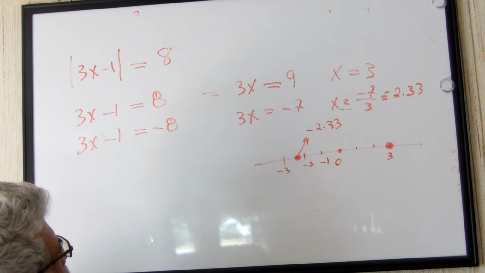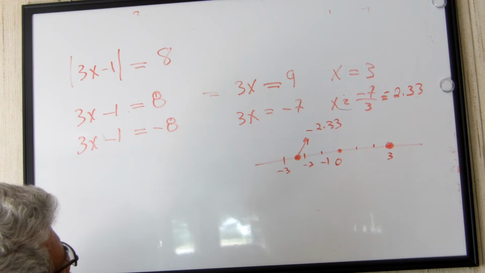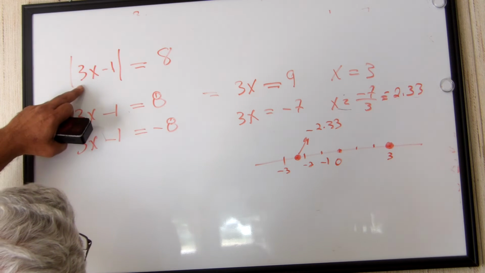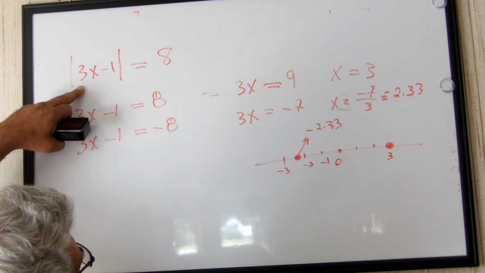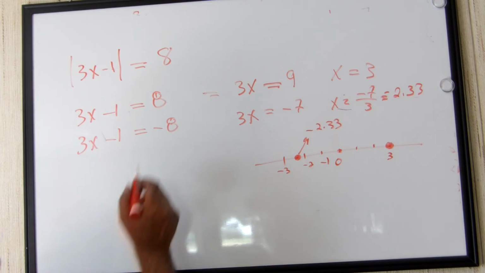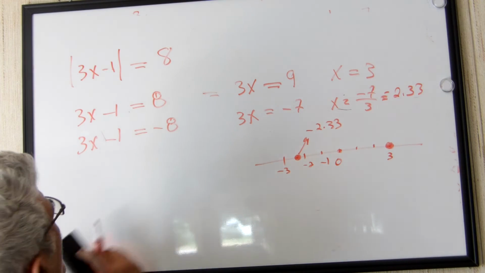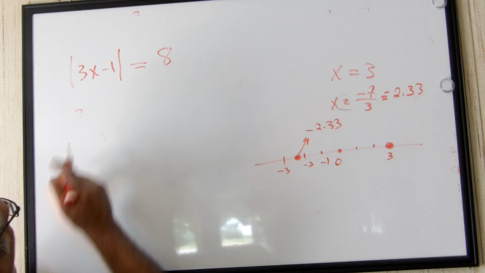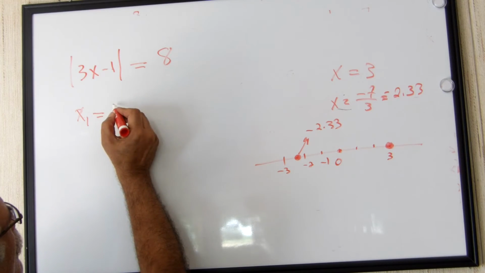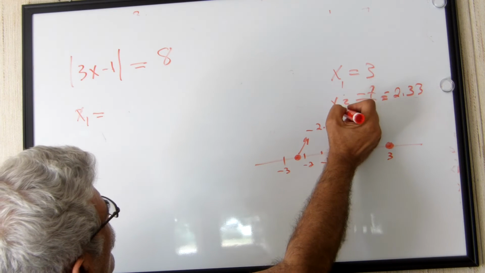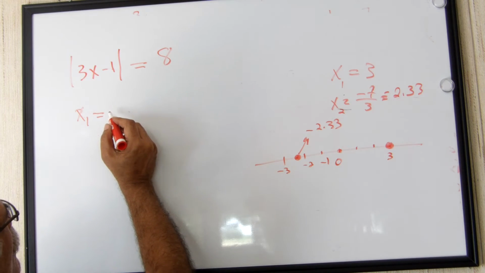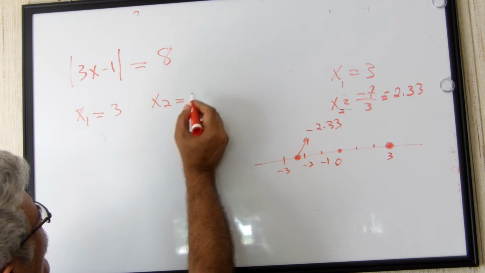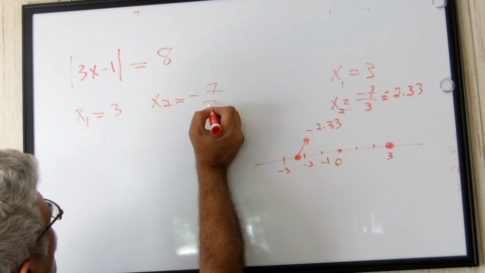How about we put them in the equation to see if these are correct. We have x1 is equal to 3, and x2 is equal to minus 7 over 3.